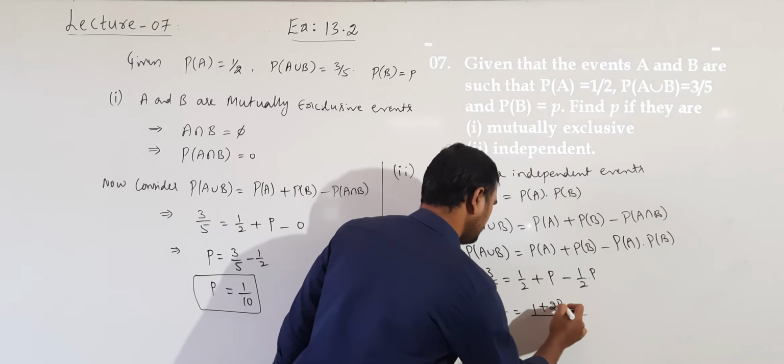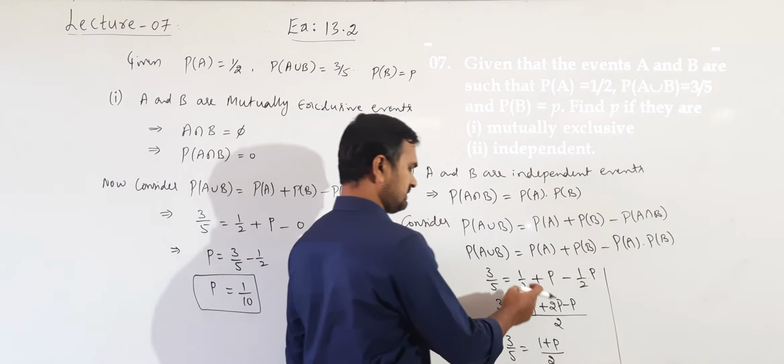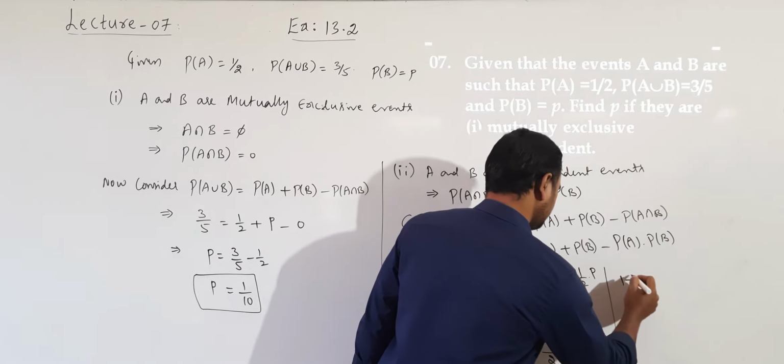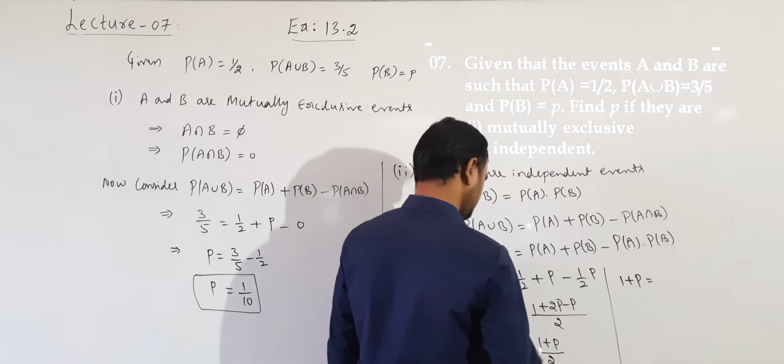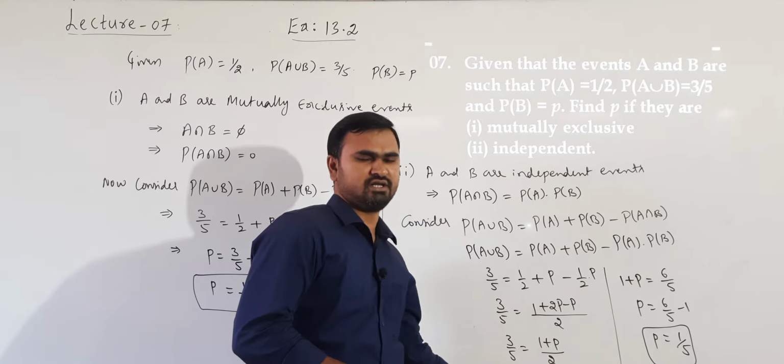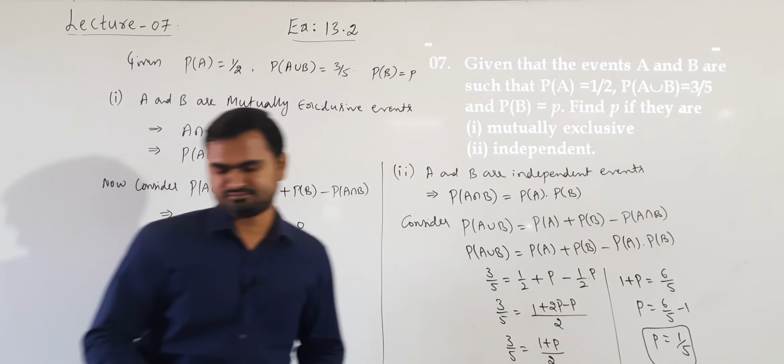From this I can find the p value. 1 plus p is 6 by 5, so p is 6 by 5 minus 1, which is 1 by 5. So under these two conditions, mutually exclusive events and independent events, we are finding the value of p. Okay. Next.